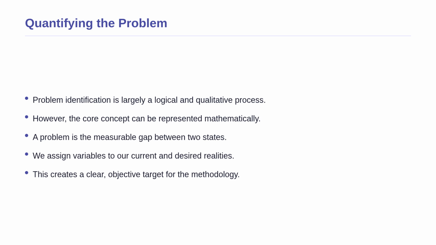In applied research and systems theory, a problem is fundamentally defined as the measurable gap between what we want to happen and what is actually happening. By assigning variables to our current reality and our desired reality, we can express this gap mathematically. This helps us quantify the magnitude of the issue and creates a clear, objective target for our research methodology.